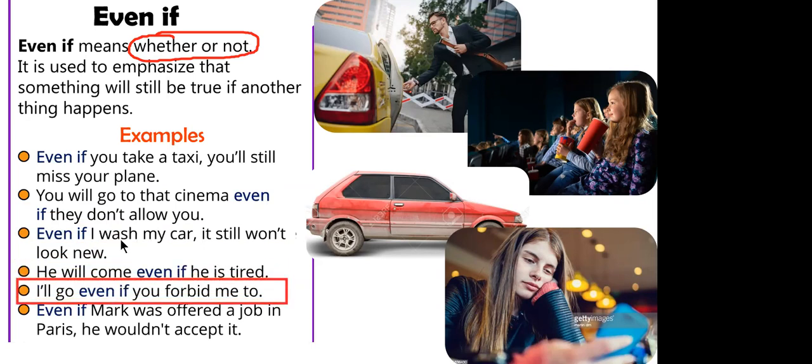I'll go even if you forbid me to. Even if Mark was offered a job in Paris, he wouldn't accept it. So even if means it doesn't matter what happens.